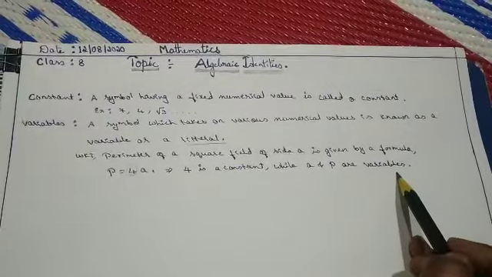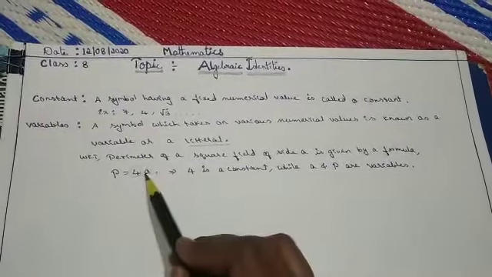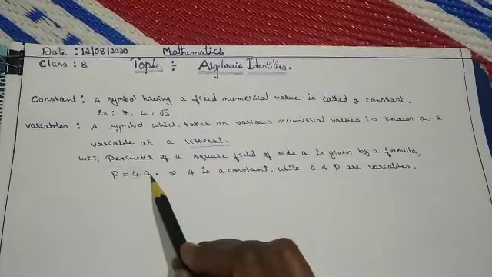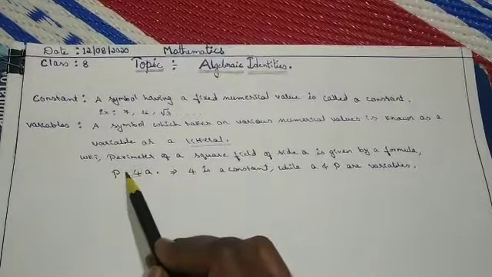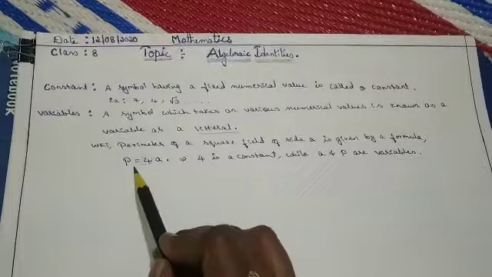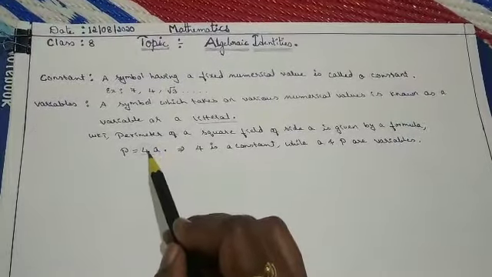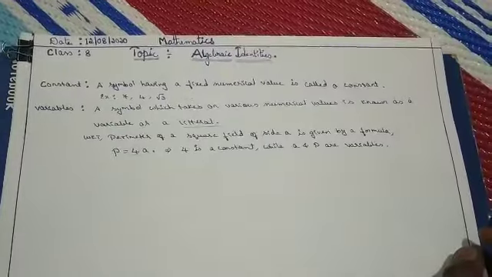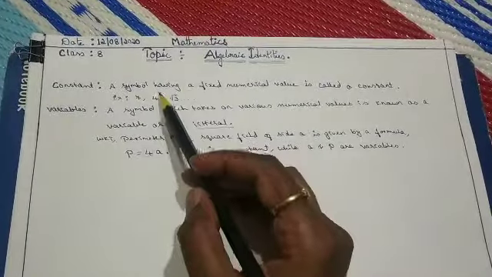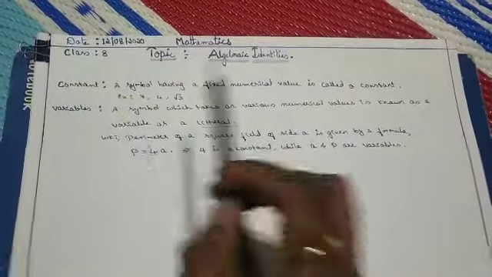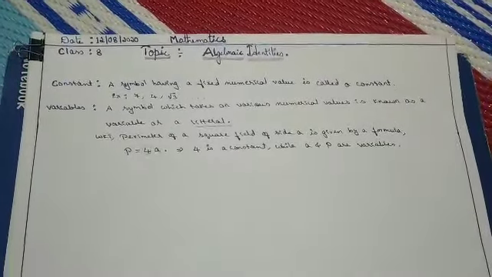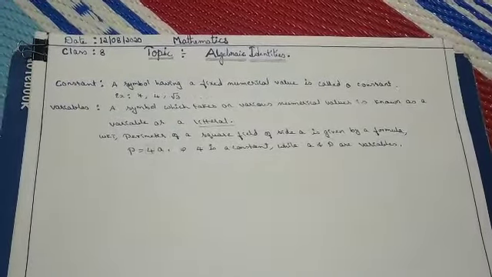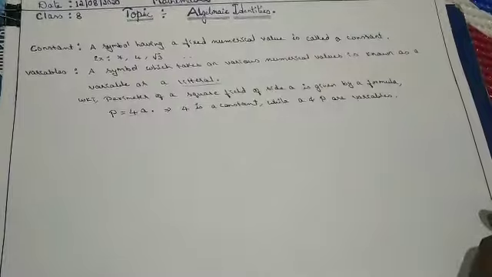Here, for any value of a, if we substitute it, we get the corresponding value of the perimeter.